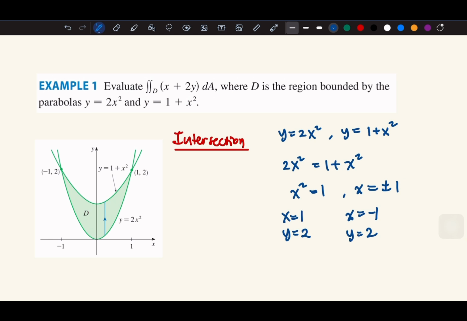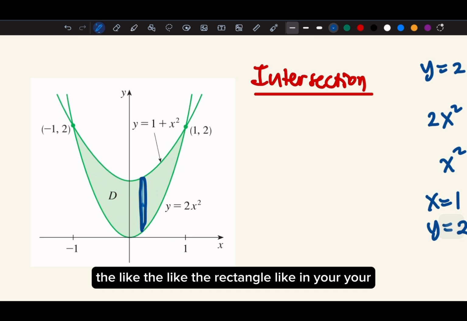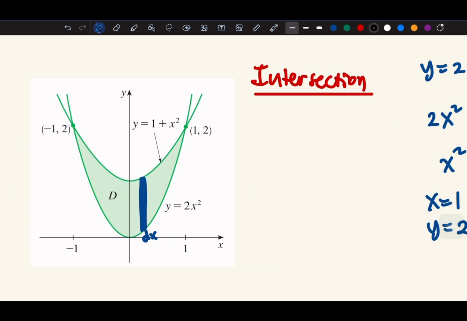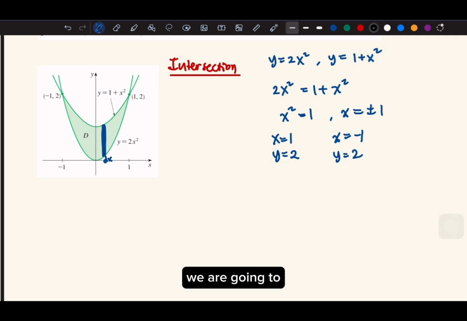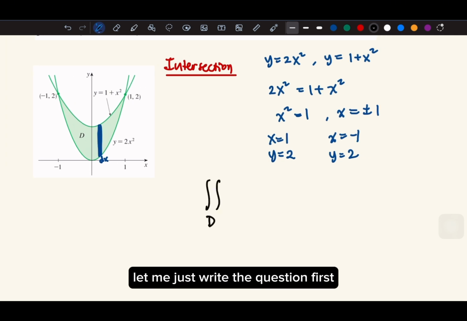So we can draw the rectangle like in your area integration. This is the x like that. It means that we are going to take the double integration. Let me just write the question first.